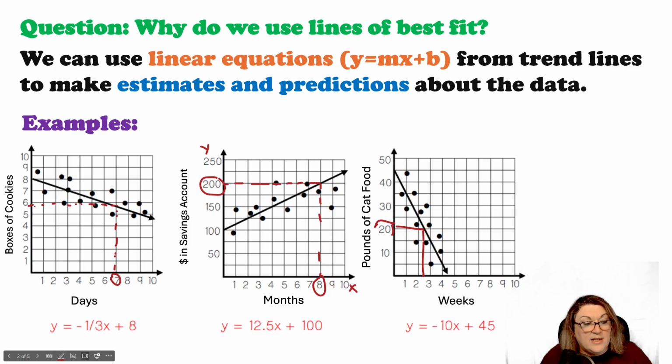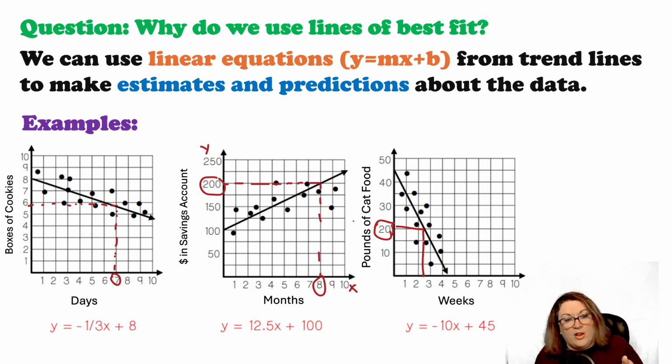Like all of these things I was asking about, they're already on the graph, like the 7th day, the 200 in the savings account, the 20 pounds of cat food. We just had to follow it over to the line, then follow it down or across and find the other variable.